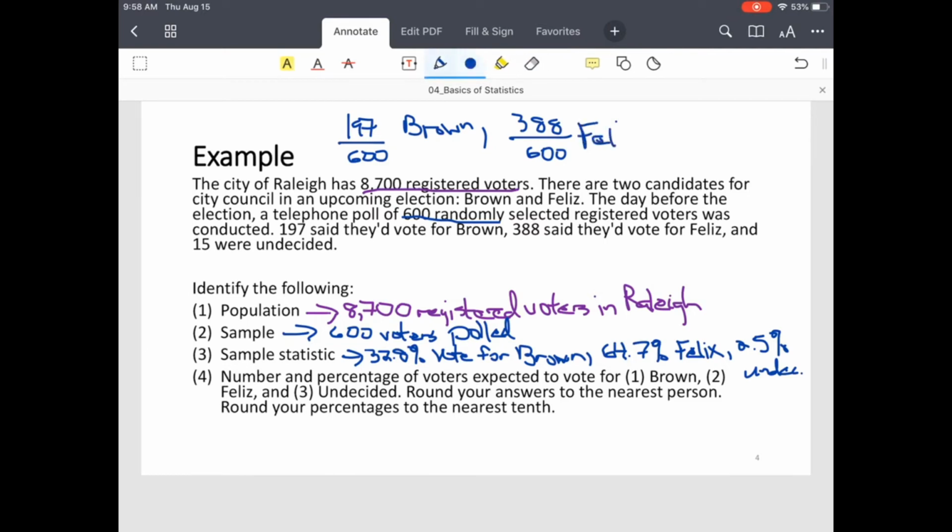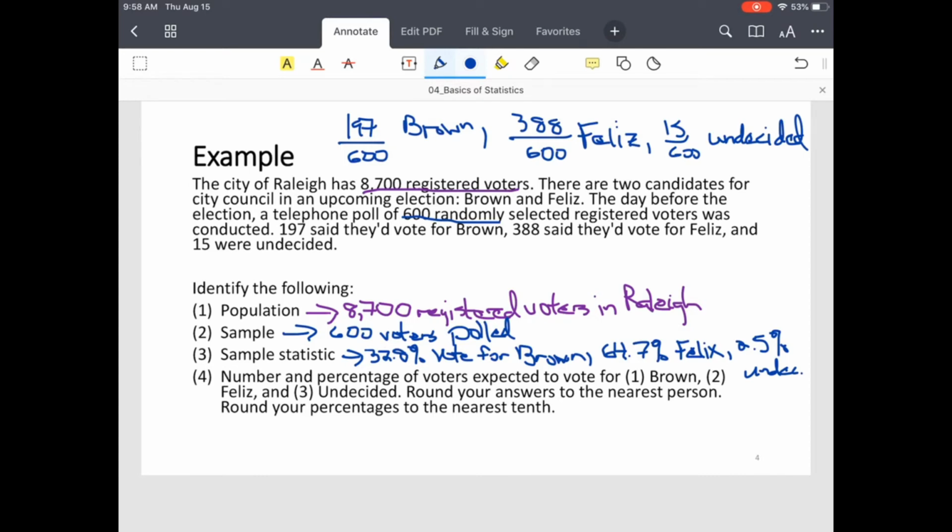Then 15 out of 600 were undecided. All right, so we got the number and percentage of voters expected to vote for Brown, for Feliz, and who are undecided. Now those are statistics for 3.